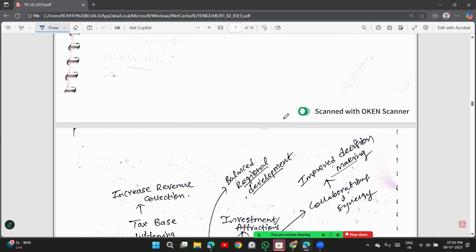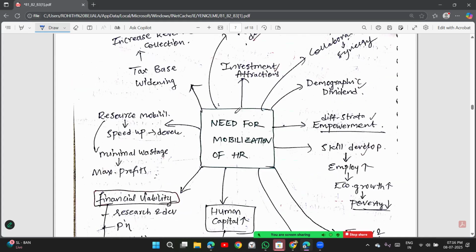Second, what is the need for mobilization? What is the need for India to do this mobilization, especially of HR, I mean human resources? What is the need of human resources for India?